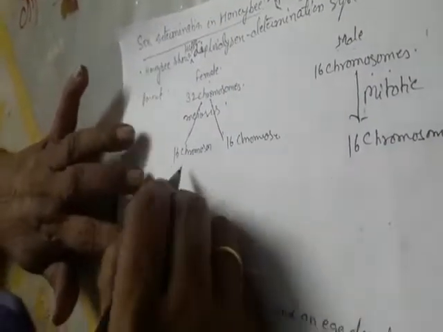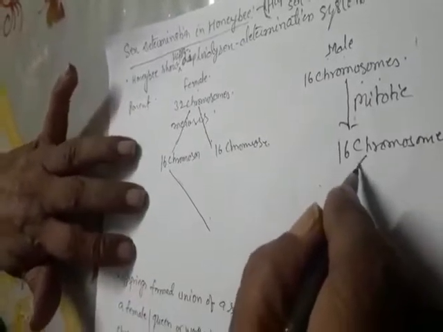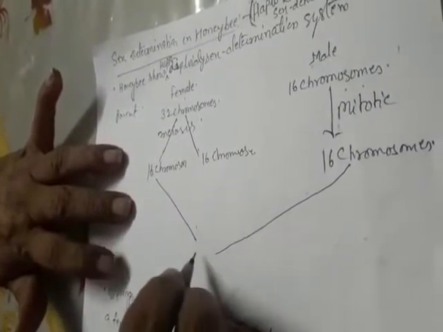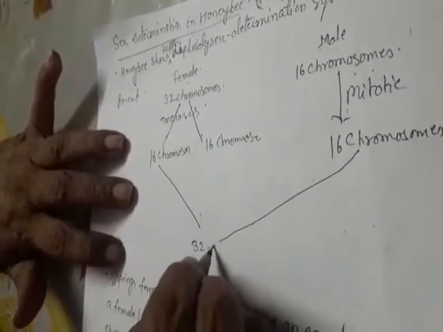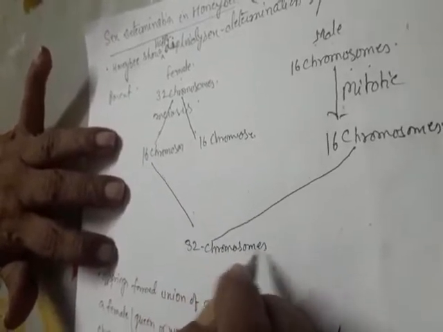Then 16 chromosomes fused with male 16 chromosomes, then 32 chromosomes form.